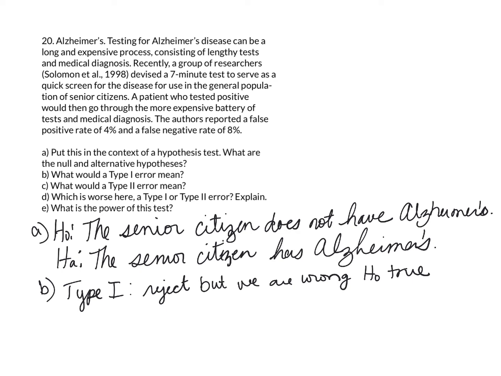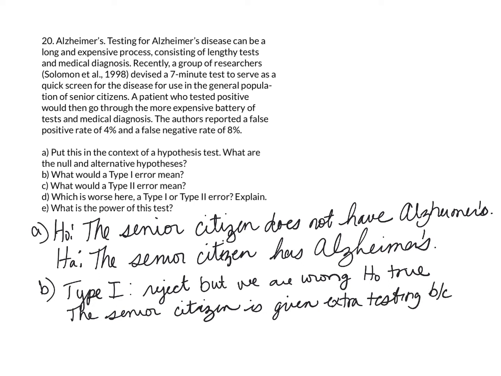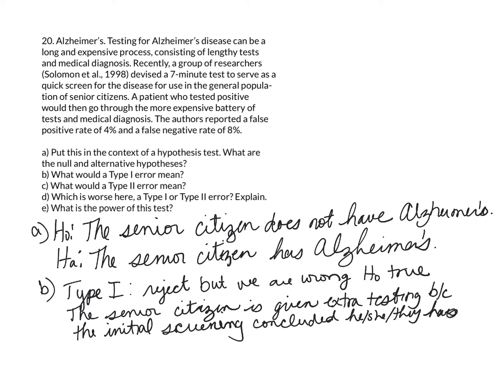Now you have to put it into context of this problem, right? So the senior citizen is given extra testing because the initial screening concluded he, she, they has Alzheimer's.